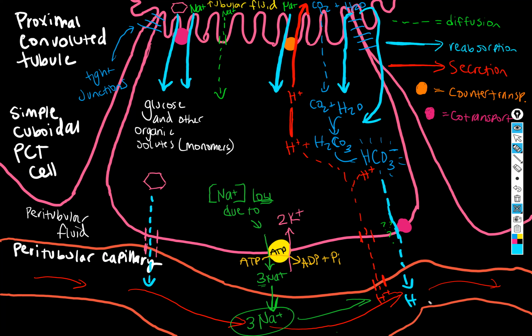And end up in here. And then sodium is going to come along for the ride. Co-transported, capitalizing on bicarbonate's gradient, not sodium's own gradient. And then it'll go ahead and diffuse into here as well.